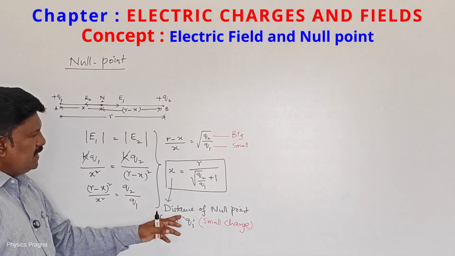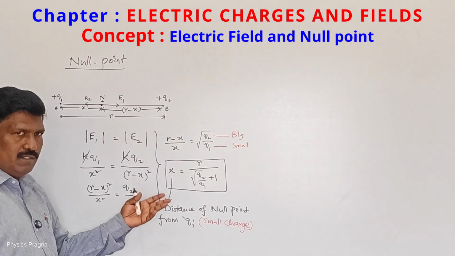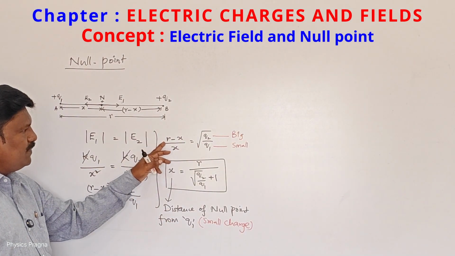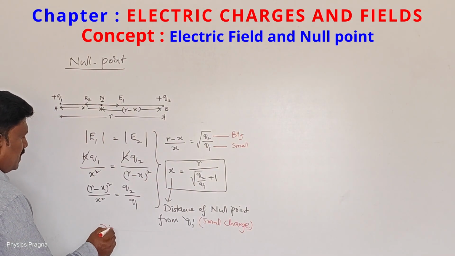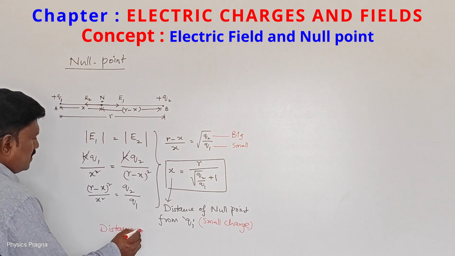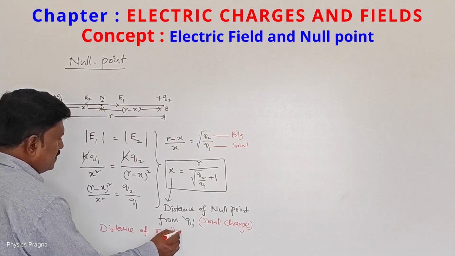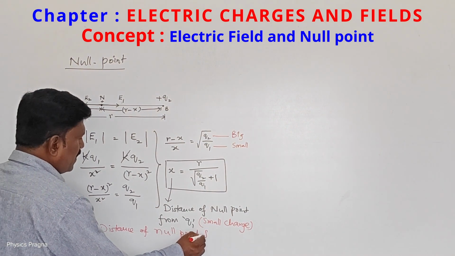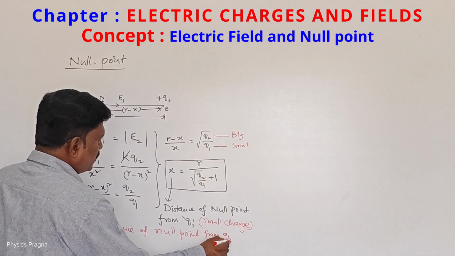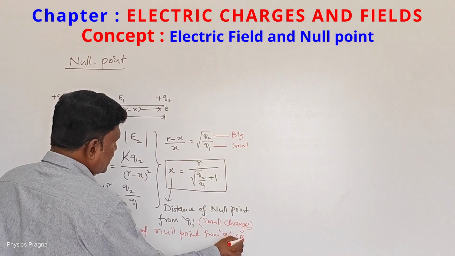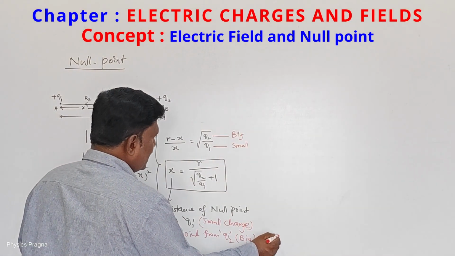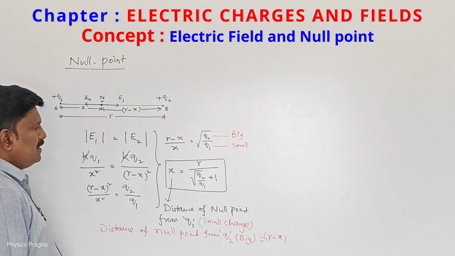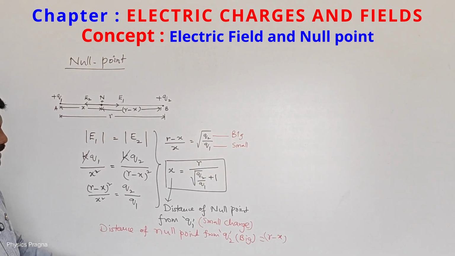If they ask the distance of the null point from Q2, that is the big charge, then just simply use R minus X. The X value is there here. Like this we can calculate the null point.